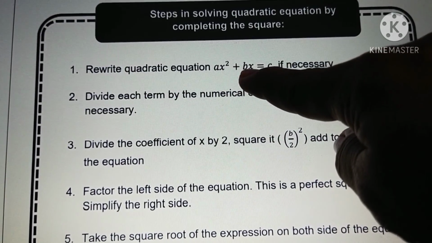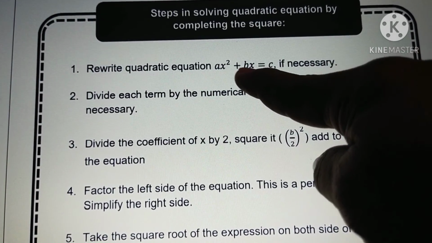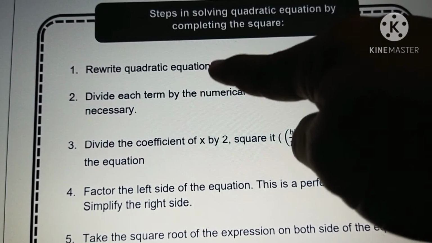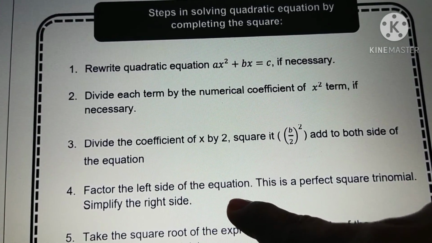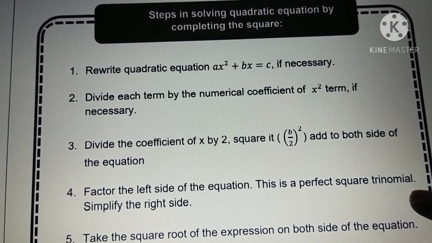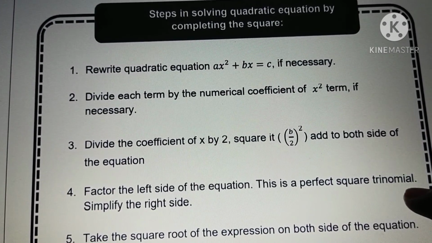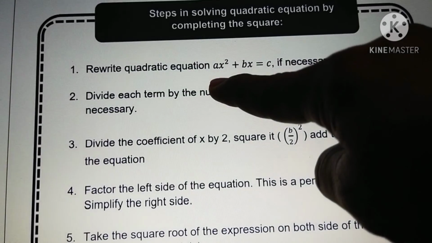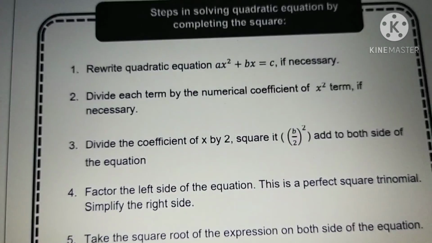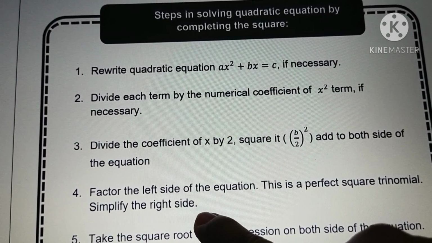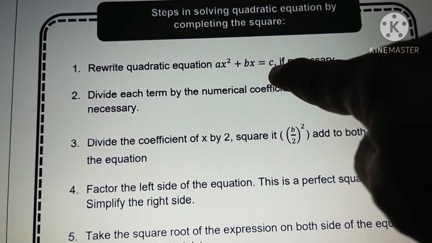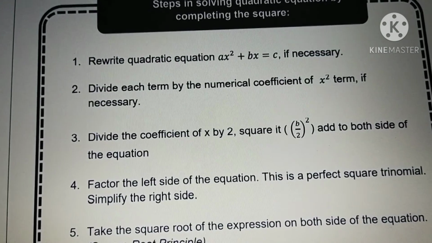Then, number 4, factor the left side of the equation. Kung nag-add ka na dito, this will make the equation a perfect square trinomial. So, you can now factor. Then, simplify the right side. So, simplify lang natin kung whatever yung nandoon sa right side.